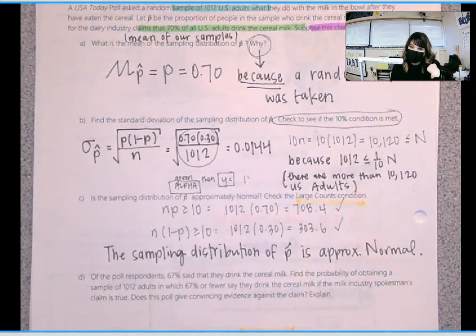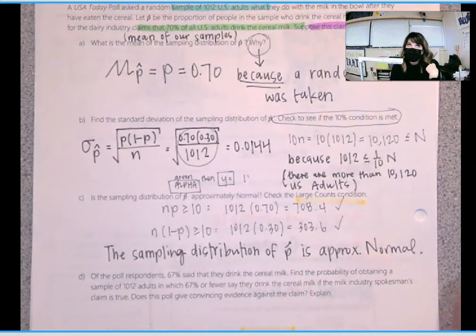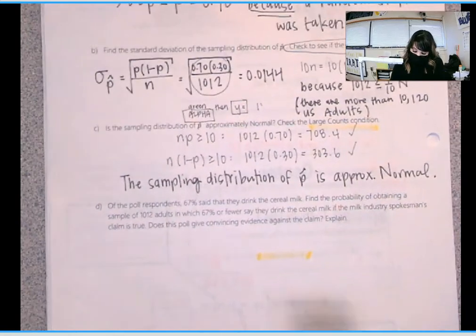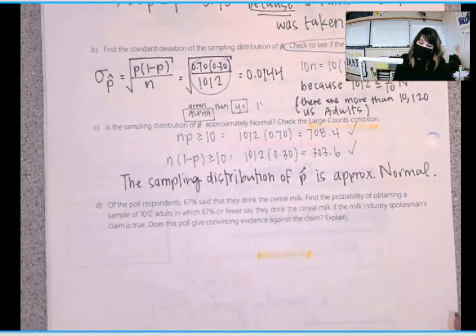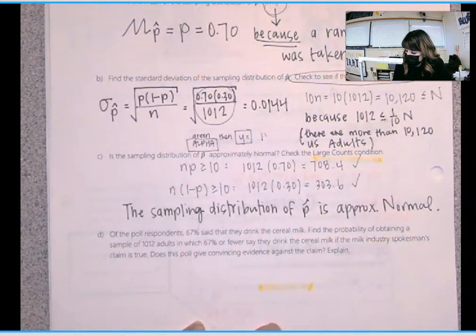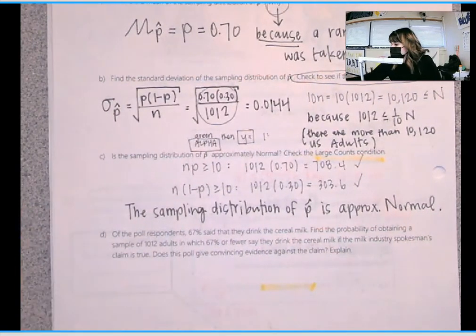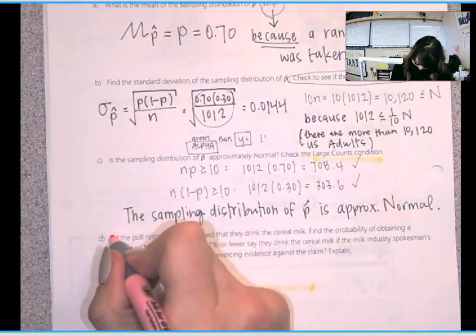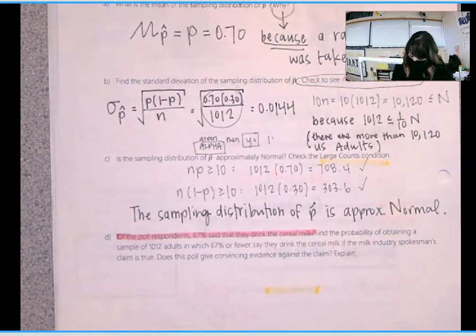So it's actually the last portion that shows you how important or helpful this property of a sampling distribution can be. So this problem says, of the poll respondents, 67% said that they drink the cereal milk. So that's what we get from our sample. Remember, we took a sample of 1,012 U.S. adults.